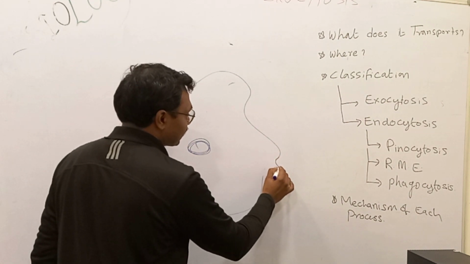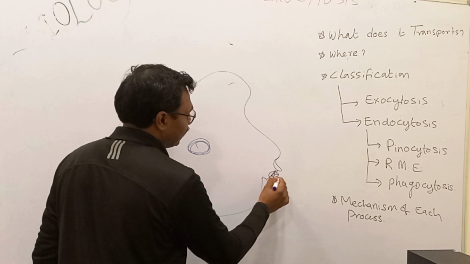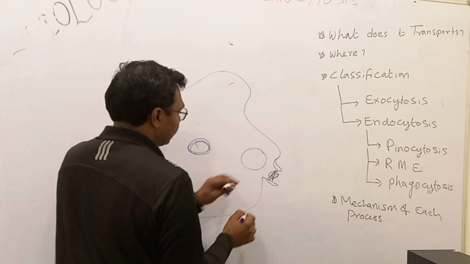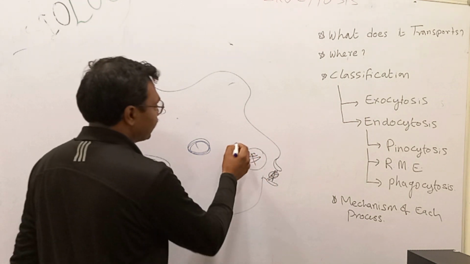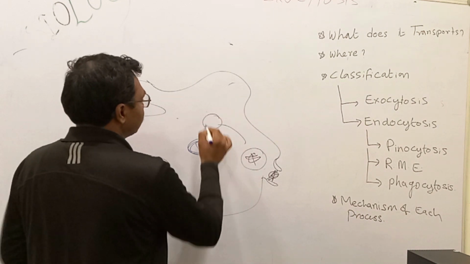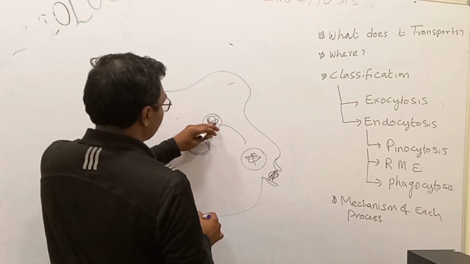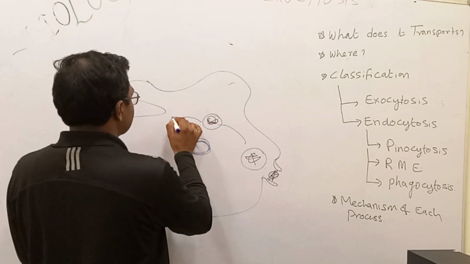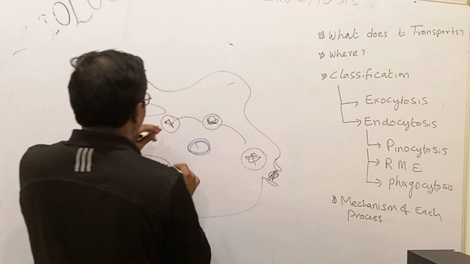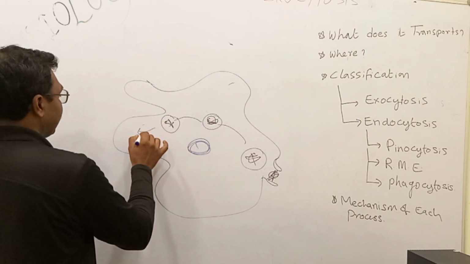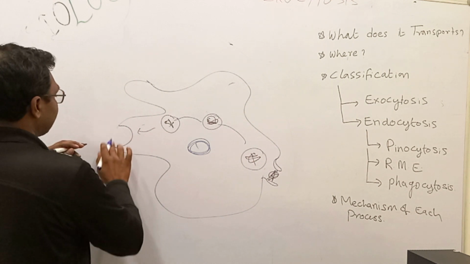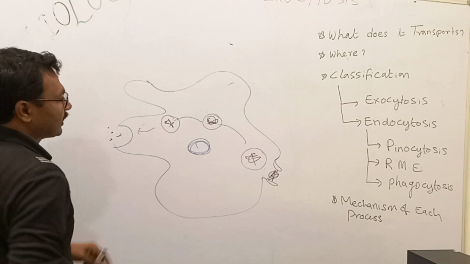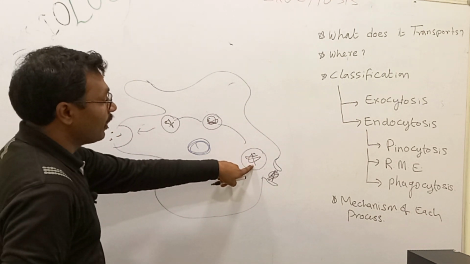It extends the pseudopodia here and here, and gradually engulfs the organism. The phagosome goes on and digests, and after that it expels the remaining digested contents. So this is called phagosome.